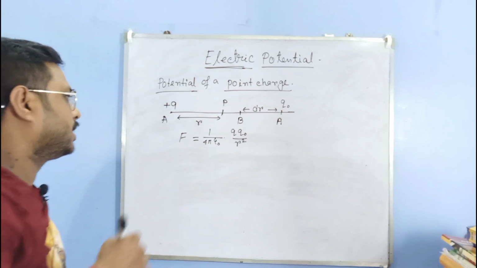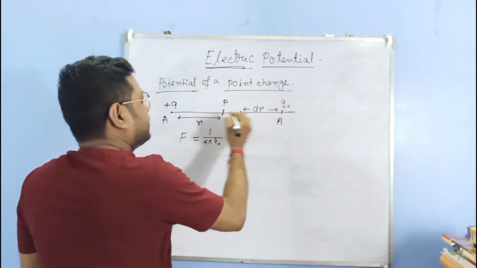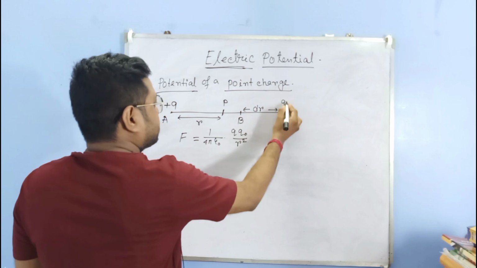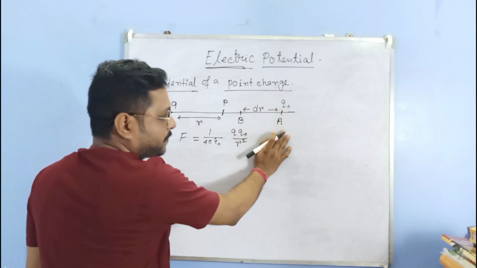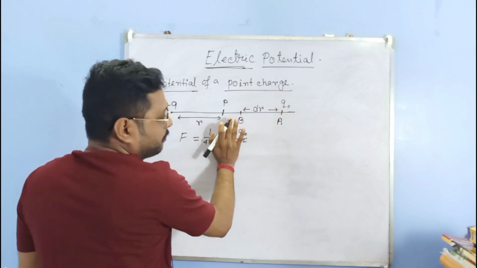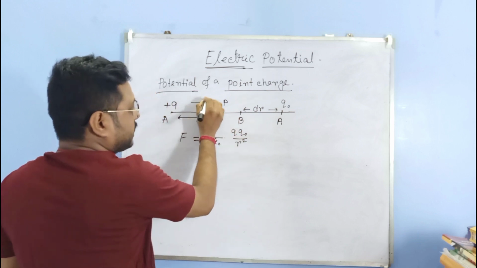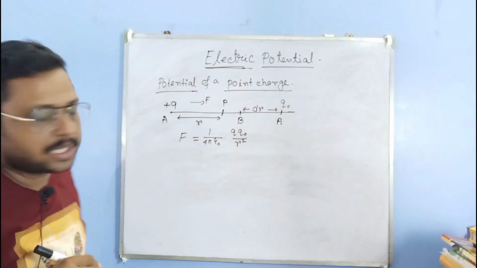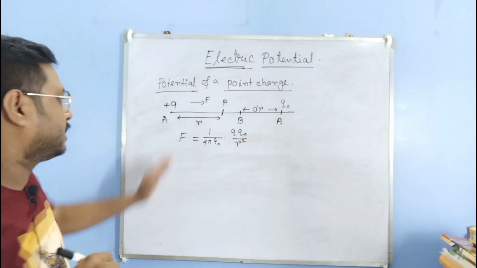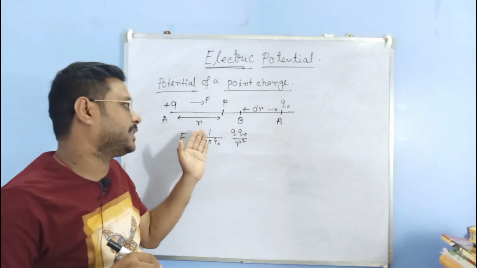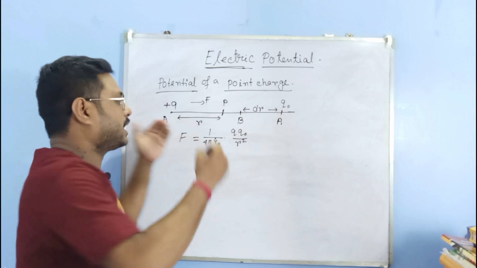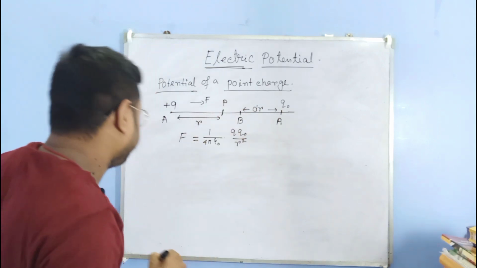Now, at any instant, if the charge Q0 is situated at A, we have to move it from B against the electrostatic force. Because it is on the right side and we have to shift it towards the left side, the angle here is 180.